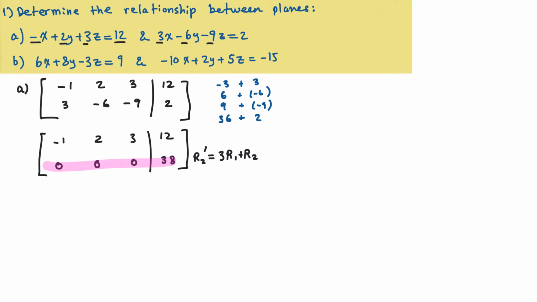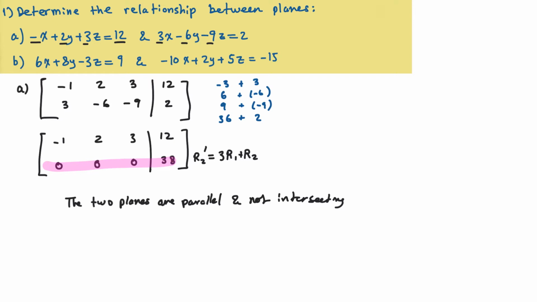So we can say that the two planes are parallel and not intersecting, or just not coincident. Because if they were coincident, that would mean that this would also equal 0, and that would mean 0 times any x value plus 0 times any y value plus 0 times any z value will equal 0.